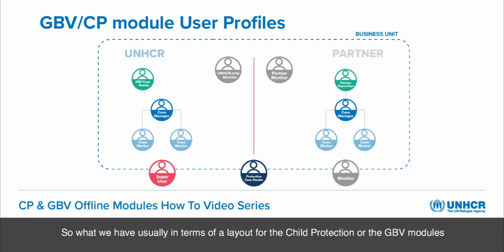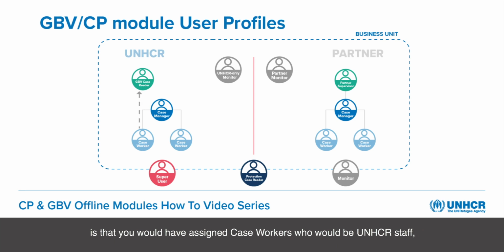So what we usually have in terms of a layout for the child protection or the GBV modules is that you would have assigned caseworkers who would be UNHCR staff, who would then report to a case manager who would be their supervisor.